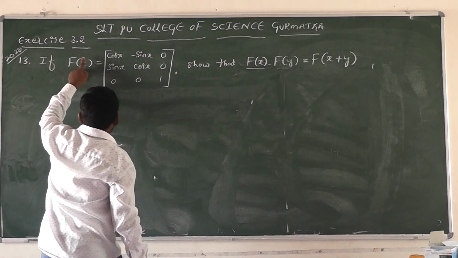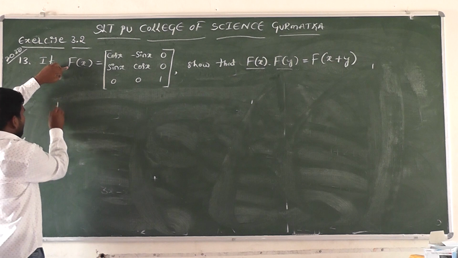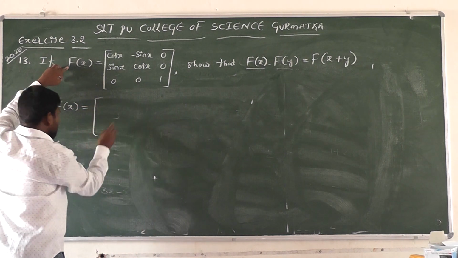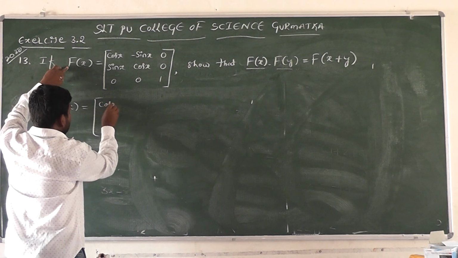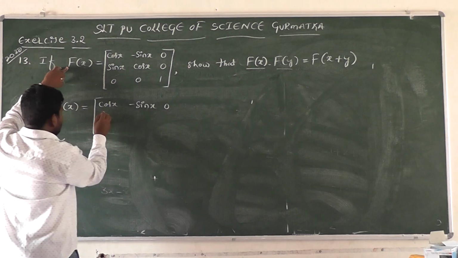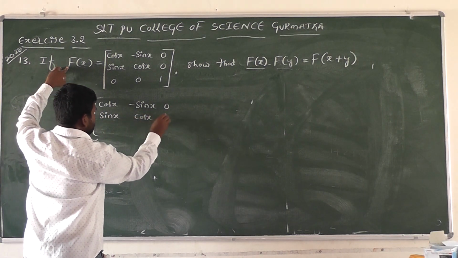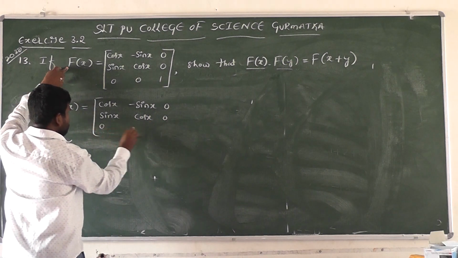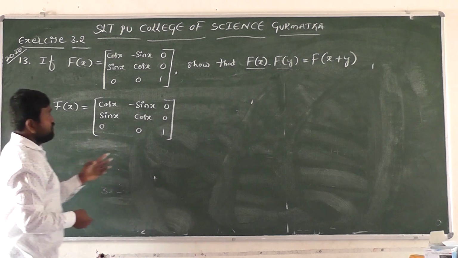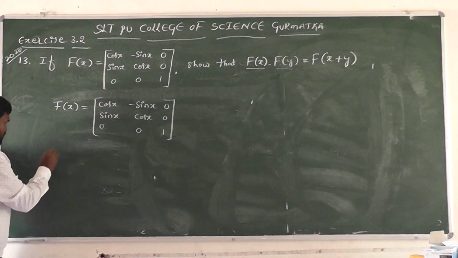In place of x we have to replace y, right? Then what happens here? Already f of x is given: cos x, minus sin x, 0; sin x, cos x, 0; 0, 0, 1. Next, here we have to find out f of y. In place of x we have to put y.